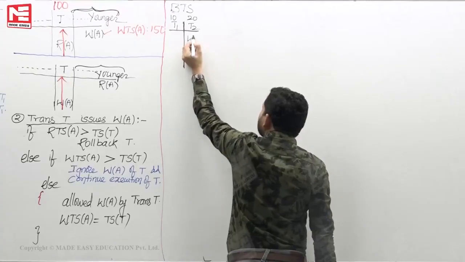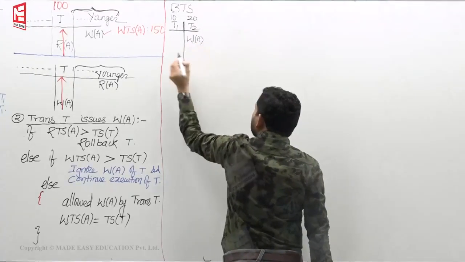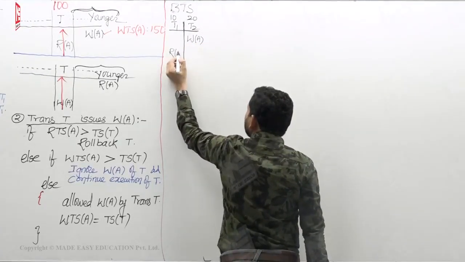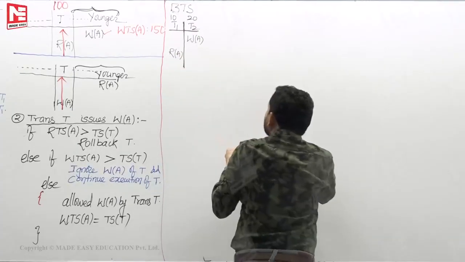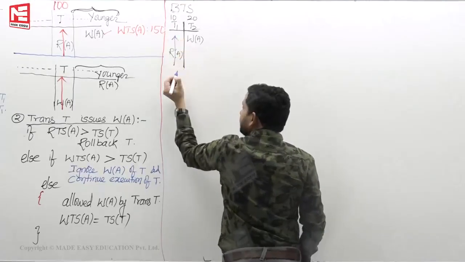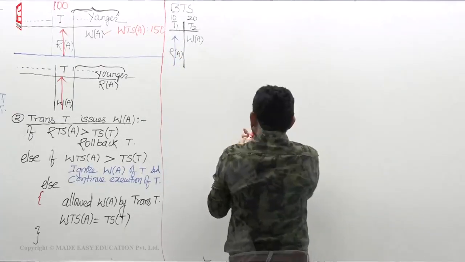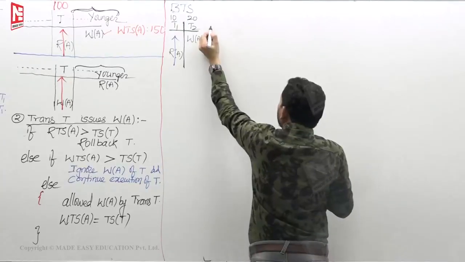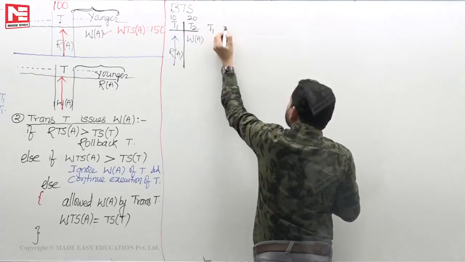If T2 writes the data and T1 requests a read, we discussed that this causes a rollback. This is one rollback because of a read request in basic timestamp ordering, and two rollbacks because of write requests.